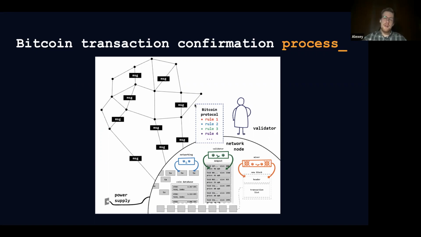So this is kind of like playing the border guard. You have this list of rules, and you look at the transaction and you compare whether everything is correct.